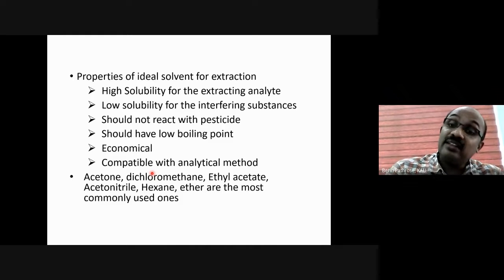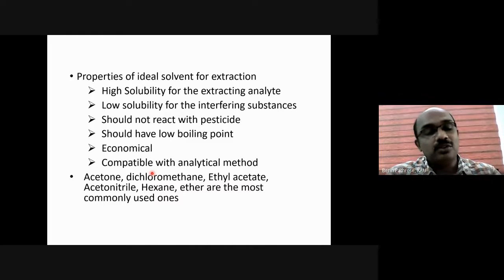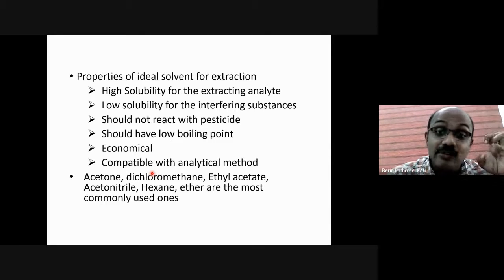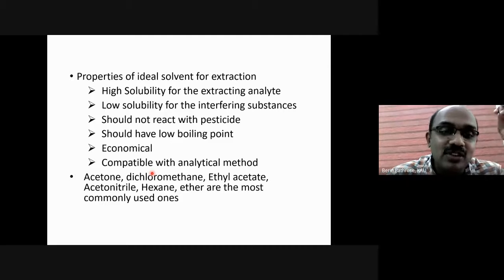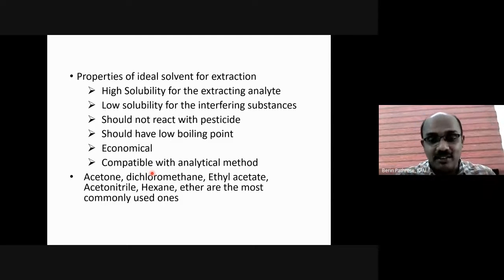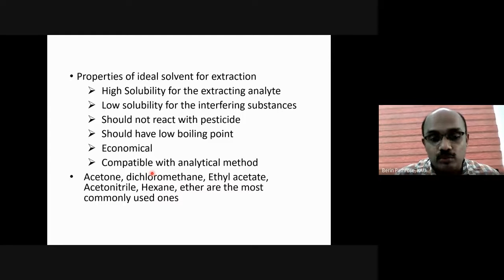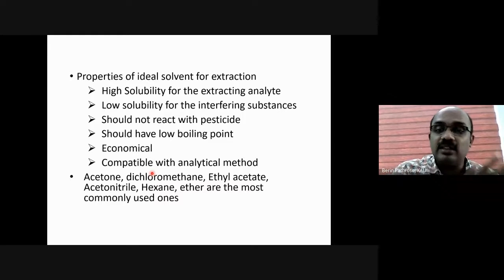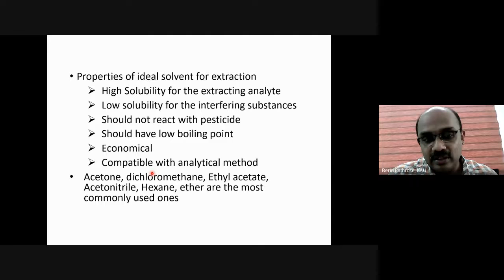And another thing is that the solvent should solubilize the pesticide, agreed, but it should have low solubility for the interfering substances. That means the commodity, the sample, the vegetable or fruit or cereal or spices, has a lot of chemicals inside it, other than the pesticide, inherently present in that commodity.